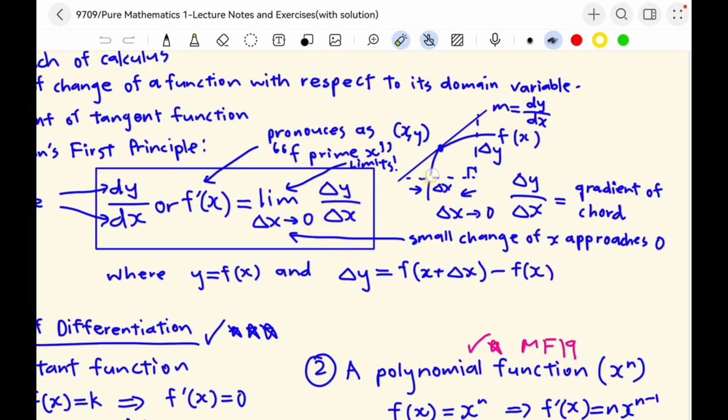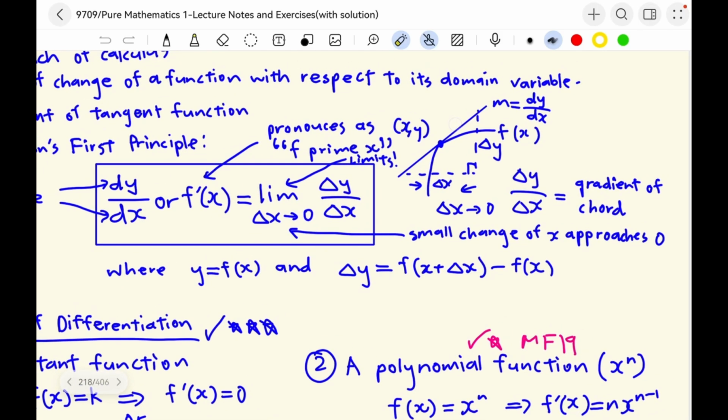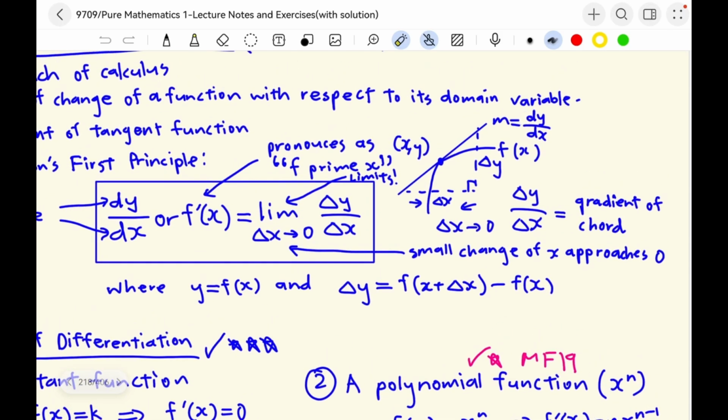All right, take the gradient of a chord. Let the 2 points go closer to each other. Okay. So as we know, what is gradient that you have learned from Chapter 3, it is y2 minus y1 divided by x2 minus x1. Use the fact of it over here.